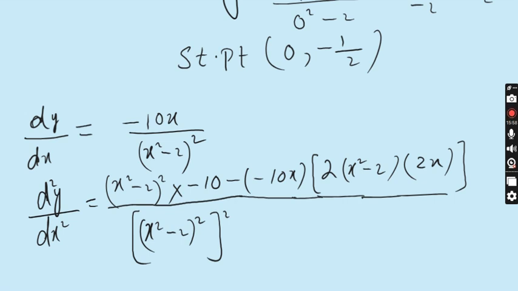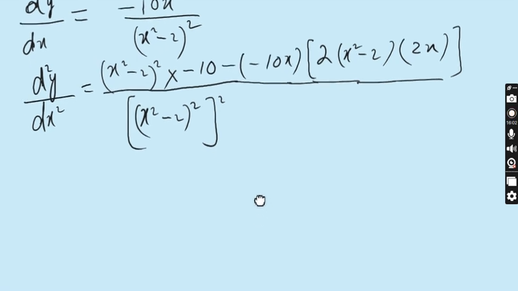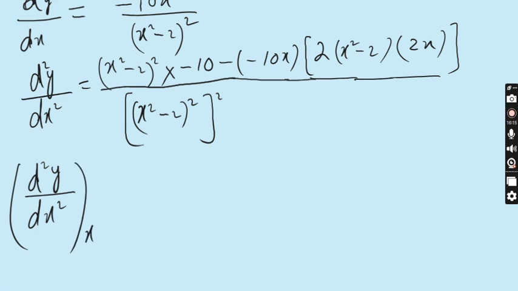Now no need to simplify this, because we have to evaluate the double derivative at the value of x. There is no y, so we just take the value of x, which we found in the previous part, that is x = 0. So put 0 where you see x.